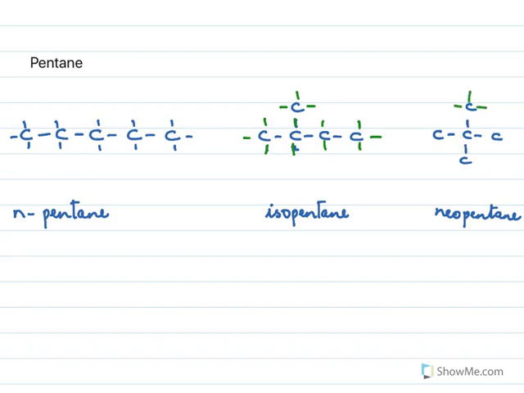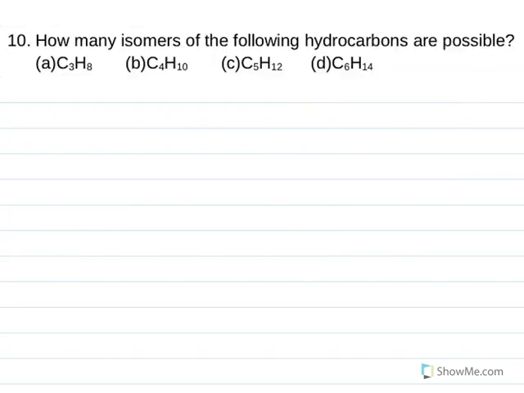However, you need again to put your hydrogens. Here 2 hydrogens. So pentane has got 3 isomers: n-pentane, isopentane and neopentane.